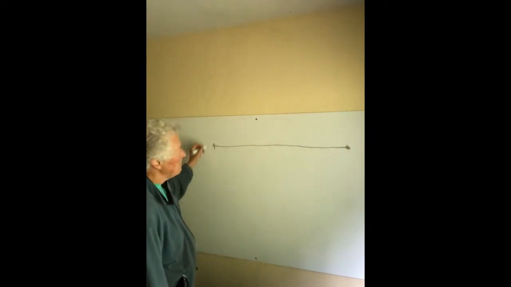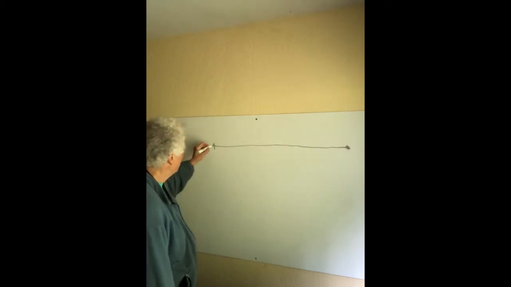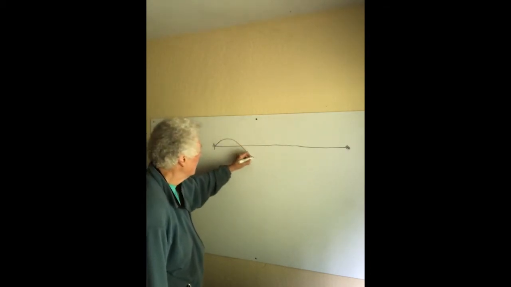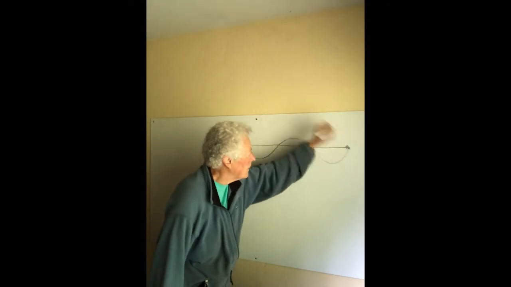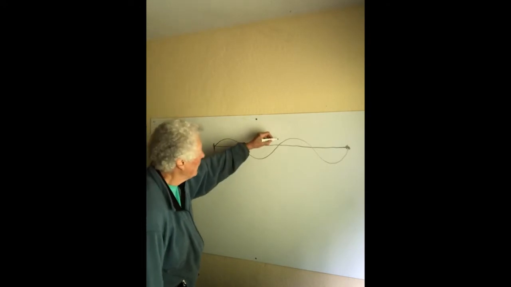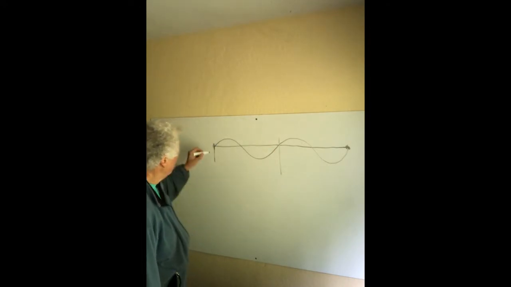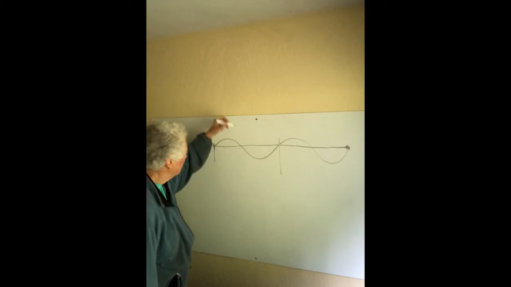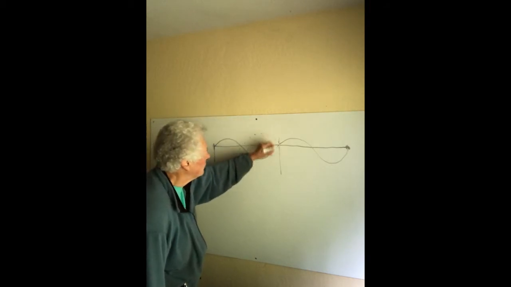And I shake it, and I make it make, let's just do 2 wavelengths. A wavelength is 1 wave. And this thing's vibrating, so half the time it's up and half the time it's down.